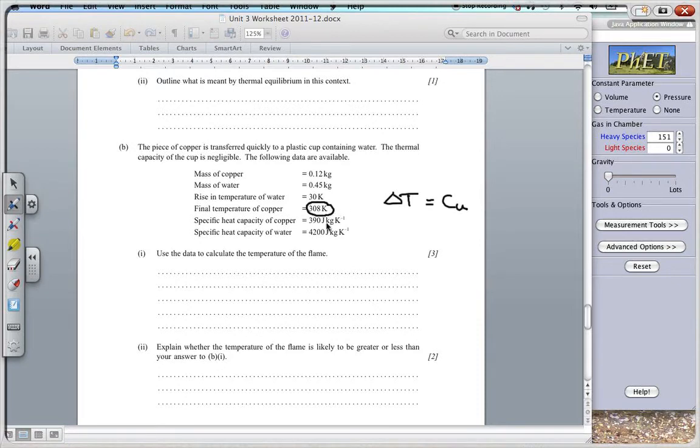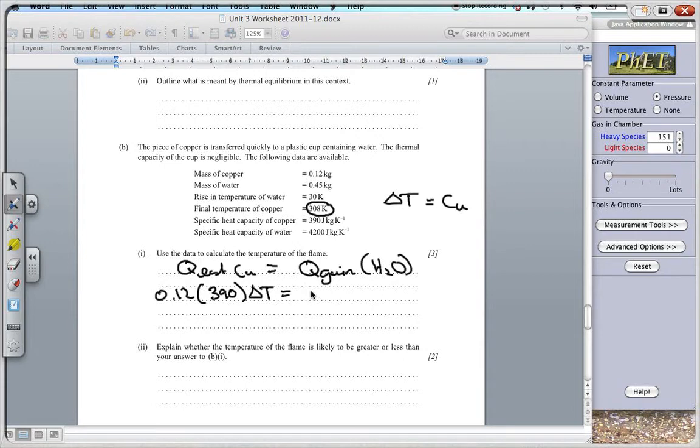Okay, so the heat lost, the Q lost by the copper, will equal the Q gain, the heat gain, by the H2O. So let's put that in. The mass of the copper is 0.12, the specific heat capacity of the copper is 390, times the change in temperature of the copper.